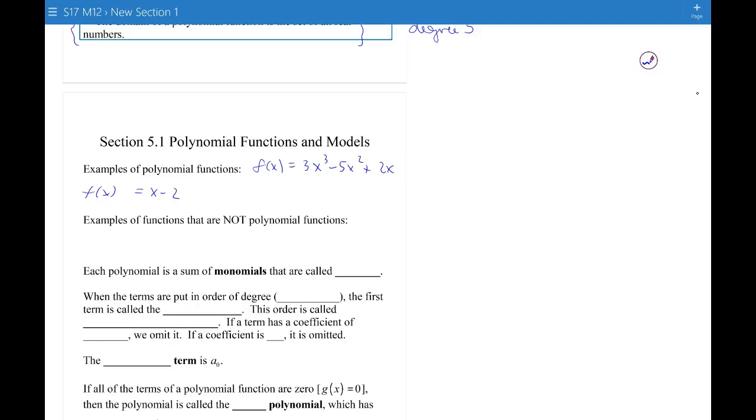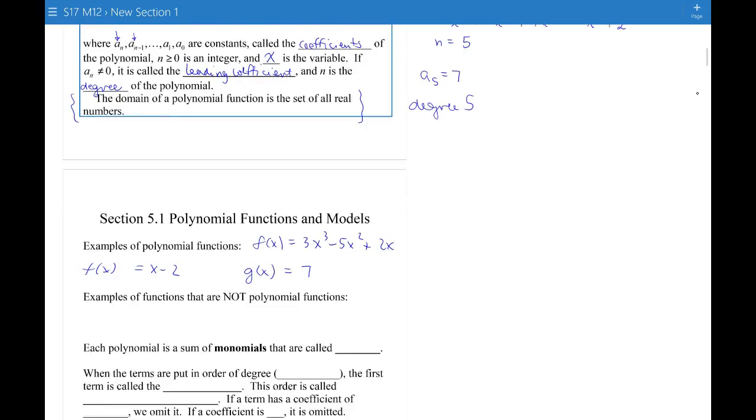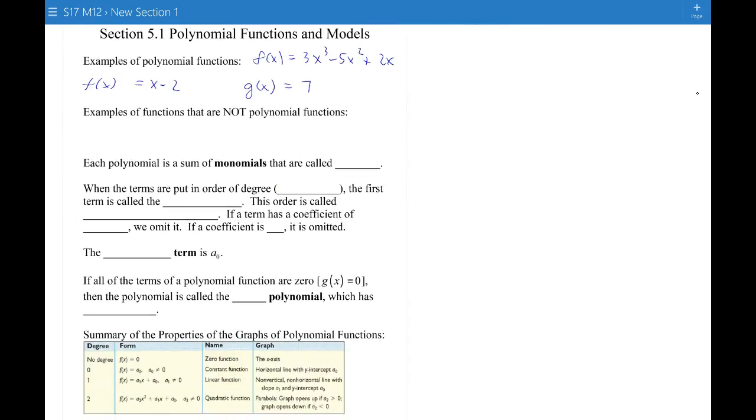It meets the requirements. g of x equals 7 is a polynomial. All it has is an a sub 0, but that's all you need. So the idea of a polynomial might be a little bigger than you have in your mind right now, so stretch it to fit.